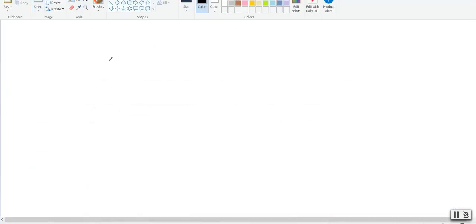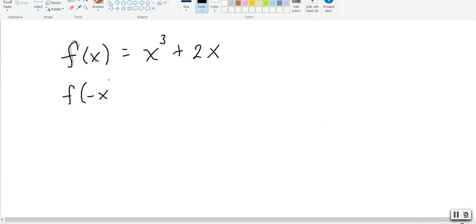So let's see if I've got f of x is x to the third plus 2x. F of the negative or opposite of x would be, yes, I got to put it in parentheses, negative x to the third plus 2 times negative x.